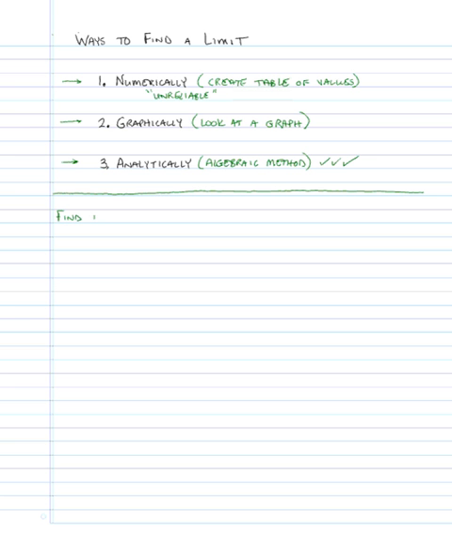Find the limit of f of x, which is equal to 2x plus 1, as x approaches 3. And of course, the way that would normally be written, once again, is a limit of f of x as x approaches 3. Use a table.